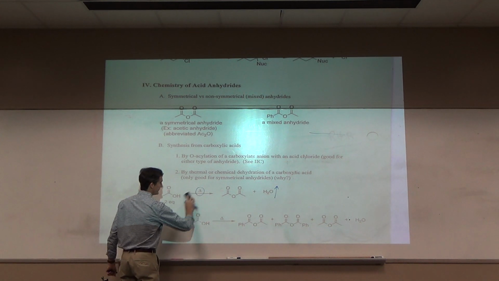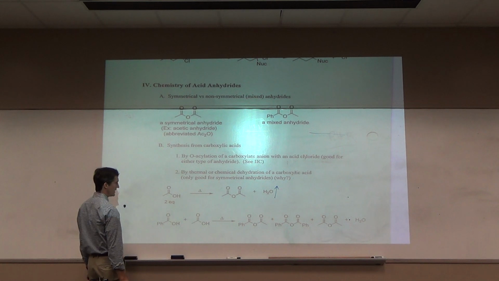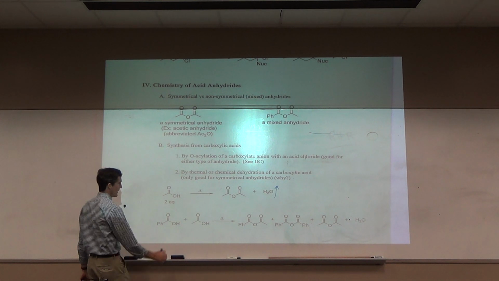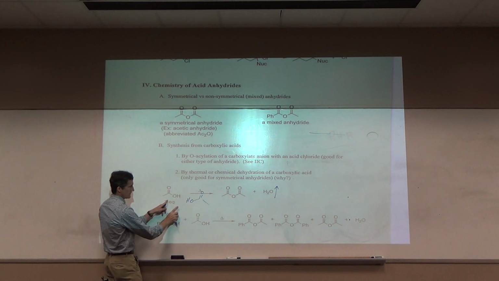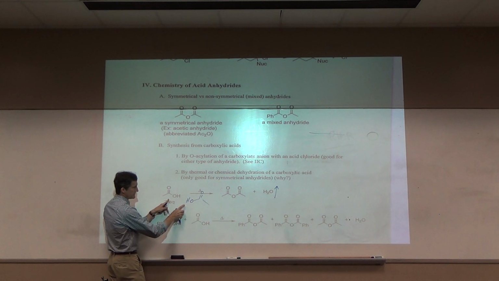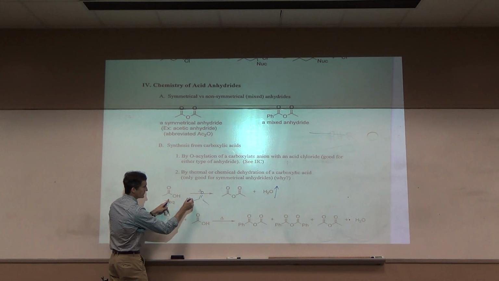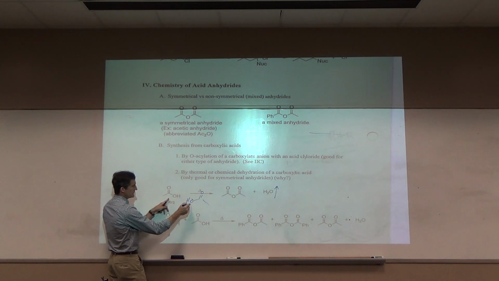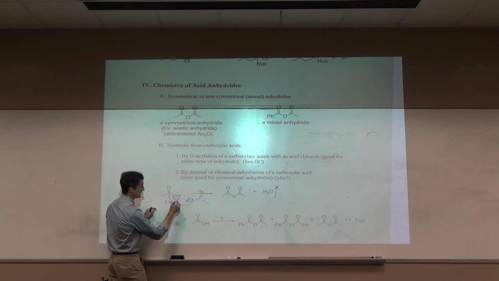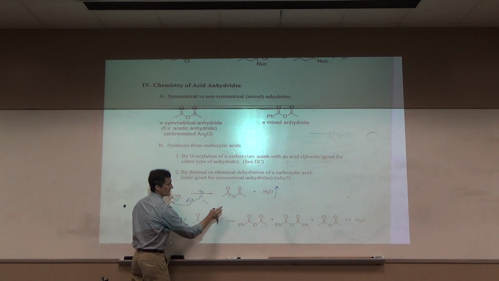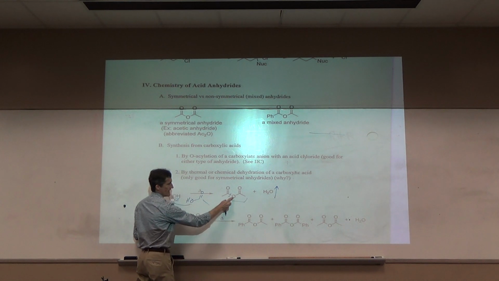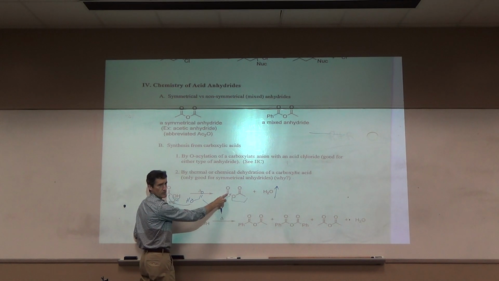Now, I'm not going to do a full mechanism here, but what maybe is going on here? Basically, the OH of one molecule is reacting with the carbonyl of another. If you kick off this as a leaving group, and then this oxygen is now bonded here, you see how this was one molecule and the O kicked the OH off of the other carbonyl?